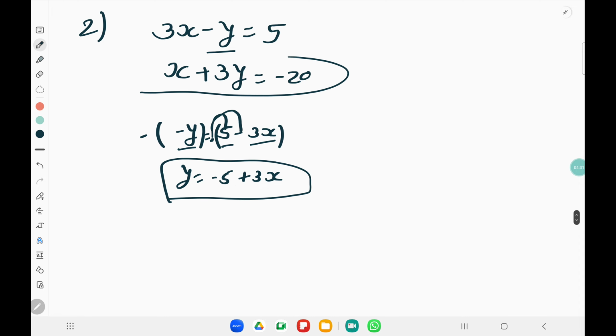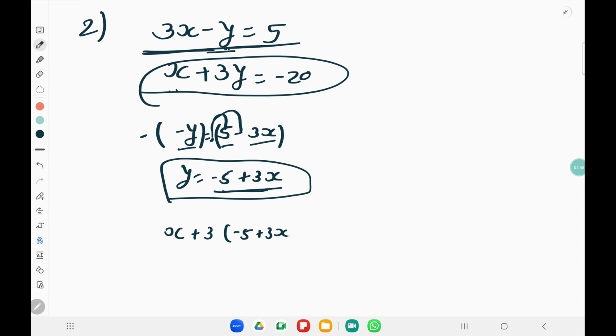Okay, now I am taking the other equation, because I made y the subject here, that's why I am taking the other equation. Remember that. So x plus 3y. Okay, instead of y, I write the y value, which is (minus 5 plus 3x), equals minus 20.